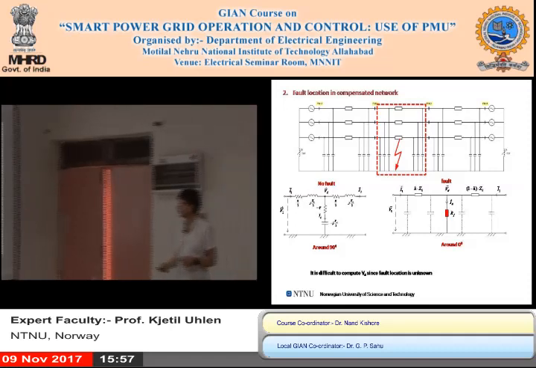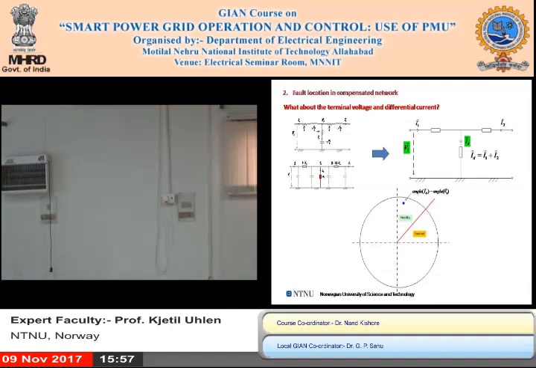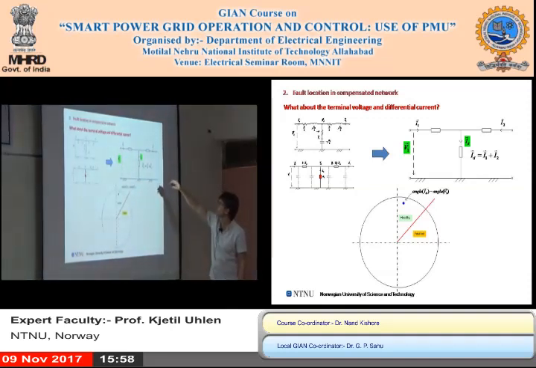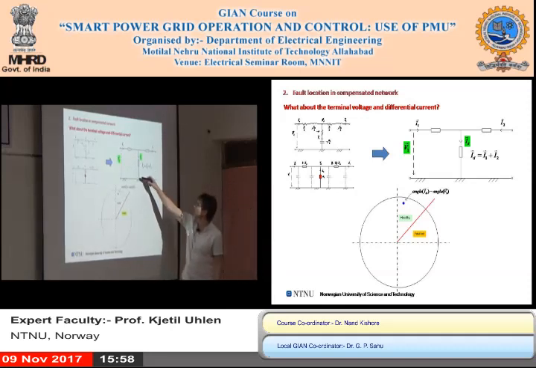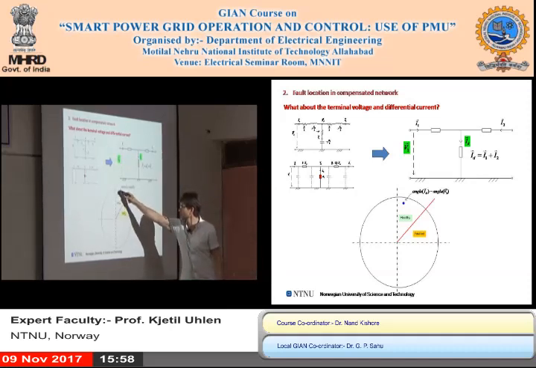But if you look at the differential current, if you measure the current at one side with one PMU and simultaneously measure the current on the other side of the line with the PMU and take the difference, that is somehow representing the impedance to ground, right? So in normal operation, that differential current has an angle that is close to 90 degrees.